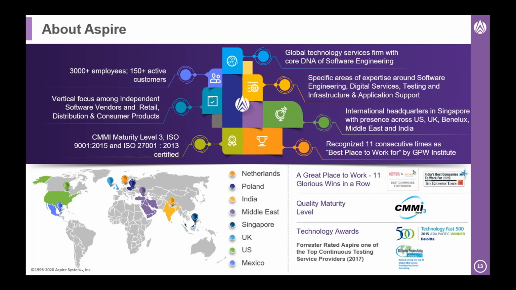Our core expertise on ServiceNow includes ITSM, ITOM, SecOps, DevOps, PPM, HR, and so on. We also have expertise in software engineering, digital services, independent testing, infrastructure application support, integration, and Oracle ERP implementations. We are CMMI Level 3 certified and ISO 27001 certified, and we have won the Great Place to Work Institute Best Place to Work award for the 11th consecutive time in a row. And that I think gives you a pretty good idea of what Aspire Systems is all about.